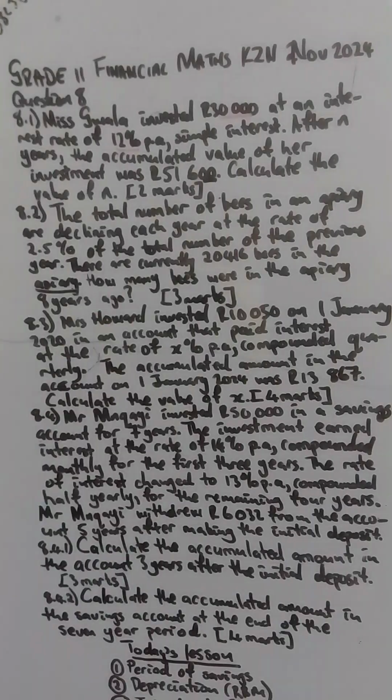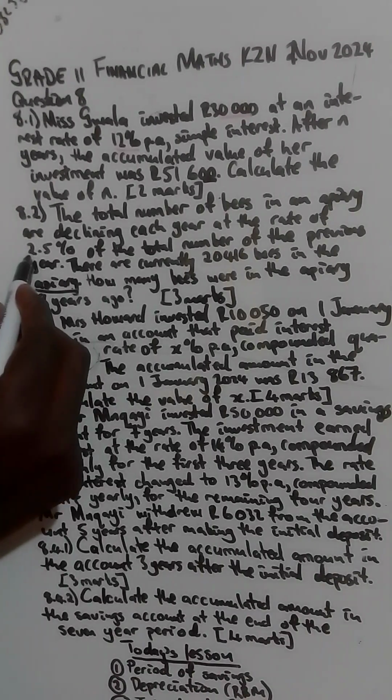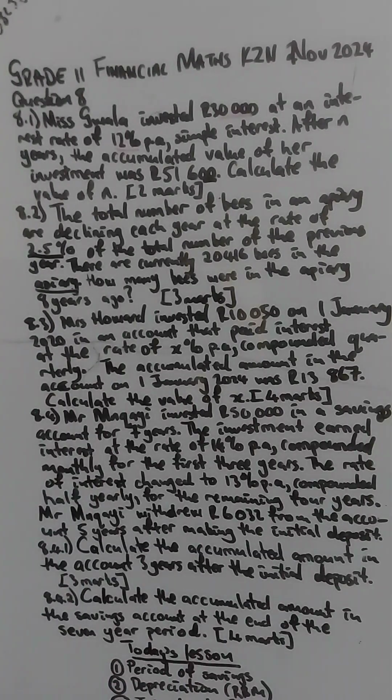Now, we are being told that these bees are declining, meaning to say that the numbers are becoming less and less. And we are given that they are declining at 2.5% per annum. Now, the first question that arises is that this is a case of depreciation, right?